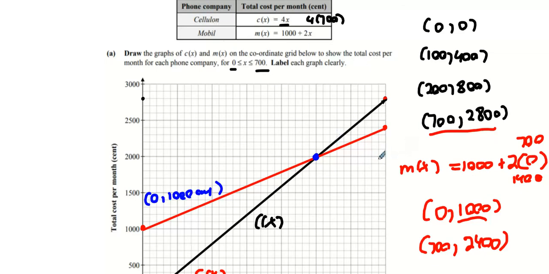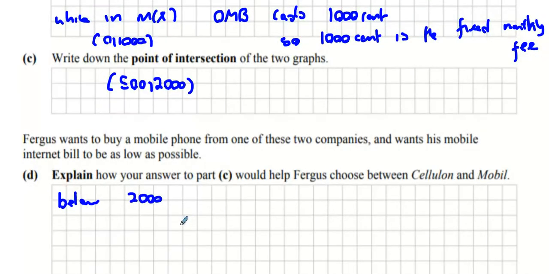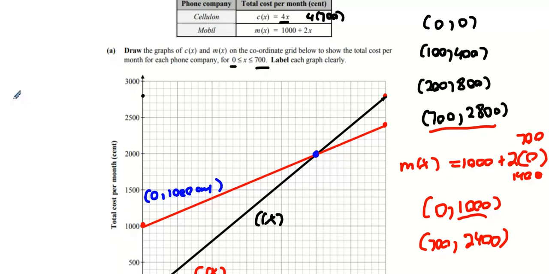Because think about it, the black line is above the red line above 500, but the red line is above the black line below 500. Which one did we say was cheaper again? I believe we said Cellular is cheaper.